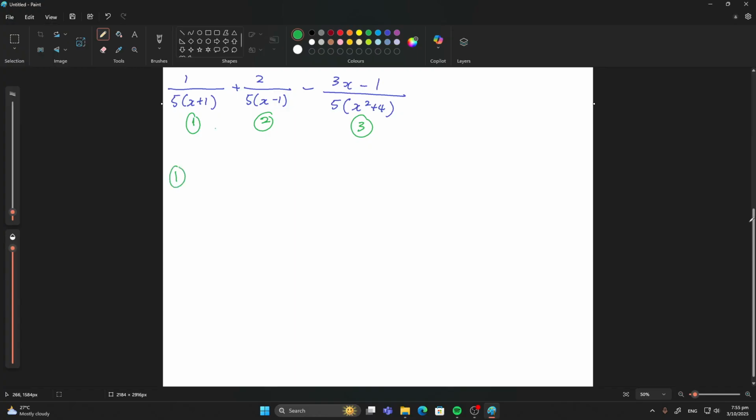So for number 1, if I were to integrate 1 over 5 x plus 1, it's basically the same as 1 over 5, I bring out the 1 over 5 because it's a constant, dx. This equation looks very familiar. I can just take it as u, then integrating 1 over u du is equals to ln u.